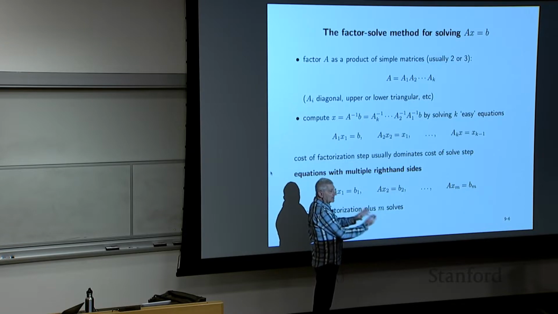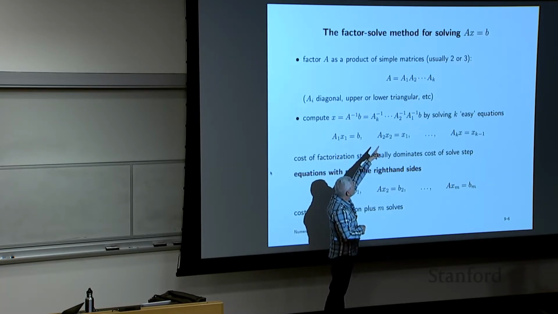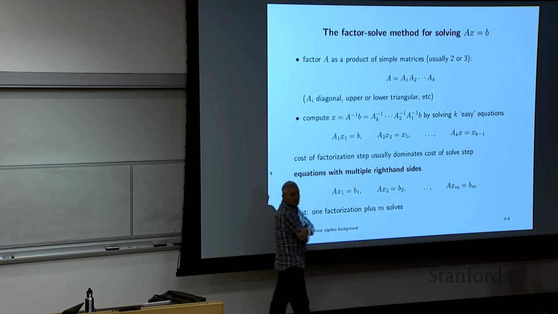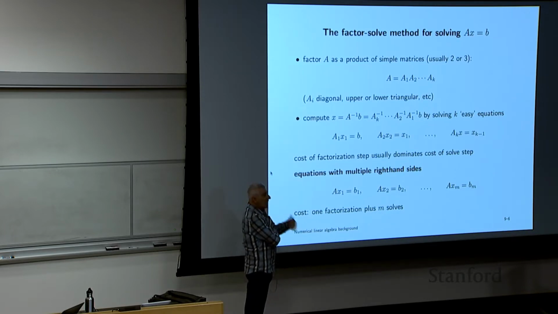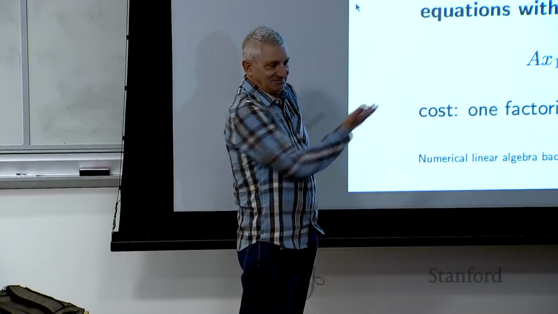People write A1 inverse b, but what they really mean is you call solve(A1, b). Then you pass this solution to the next thing, which is A2 inverse times x1, so you solve A2 x2 equals x1. That gives you the second one, and you keep going until you get to the end. Again, it's completely straightforward, like, okay, so what?